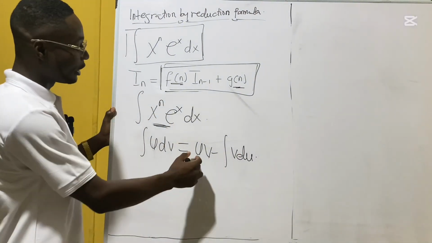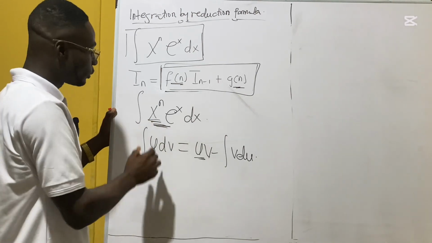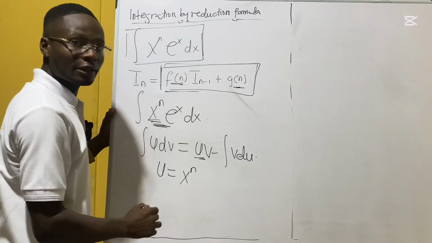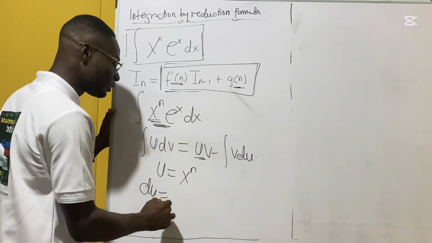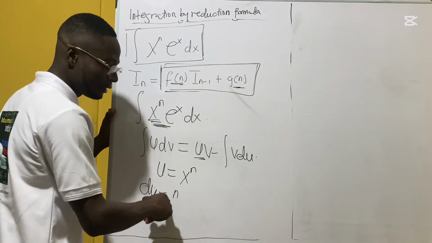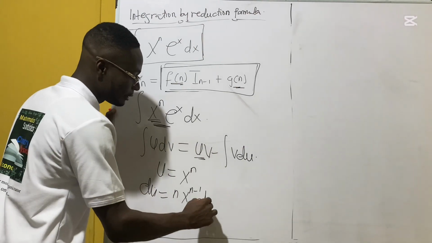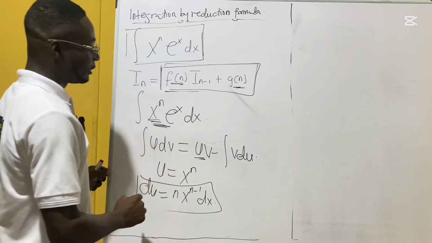Here, our u is x^n, so u is equal to x^n. When you differentiate both sides, you're going to have du is equal to n x^(n-1) dx.